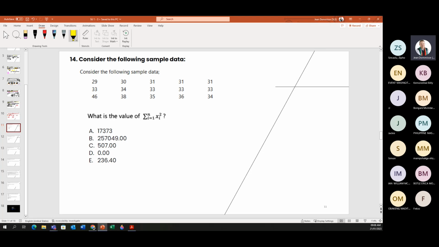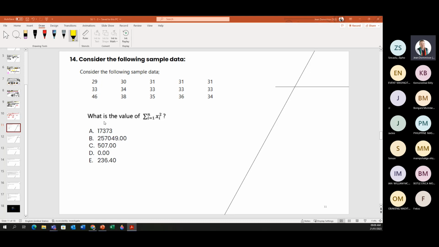So here they ask us, and you'll see that I haven't even brought out the Excel yet. I would maybe start doing that, but also you can use your calculator. This one is an interesting one.